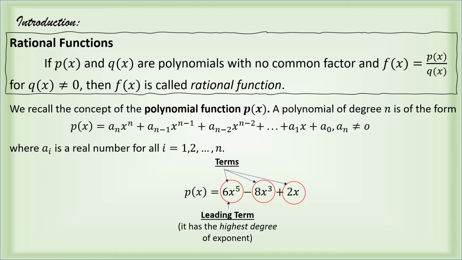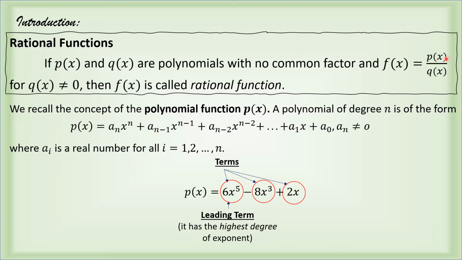Okay, so we have here the definition of your rational functions. If p of x and q of x are polynomials with no common factor, and f of x equals p of x all over q of x, for q of x is not equal to 0, then f of x is called a rational function.